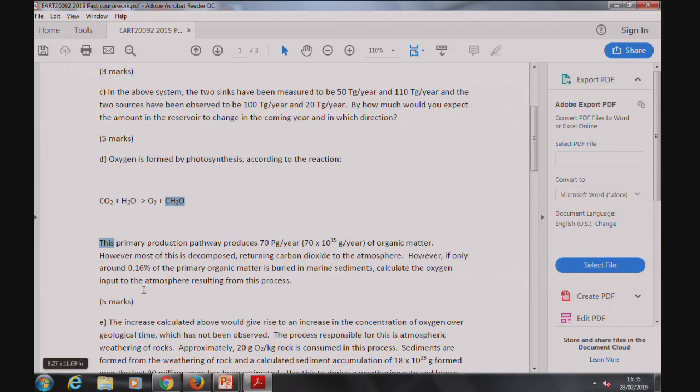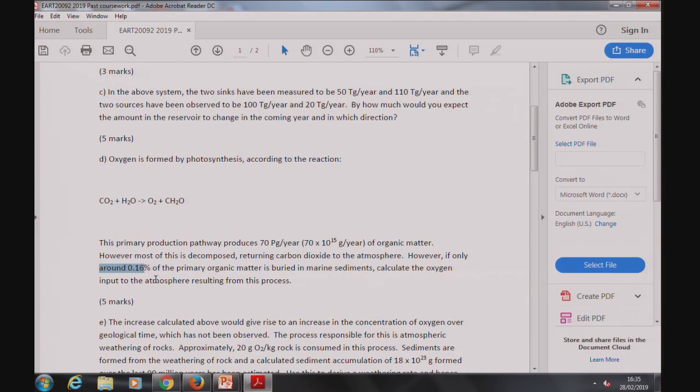It says most of this is decomposed, returning carbon dioxide to the atmosphere. And it says, however, if a small percentage of the primary organic matter is buried away in marine sediments, calculate the oxygen input into the atmosphere due to this process.